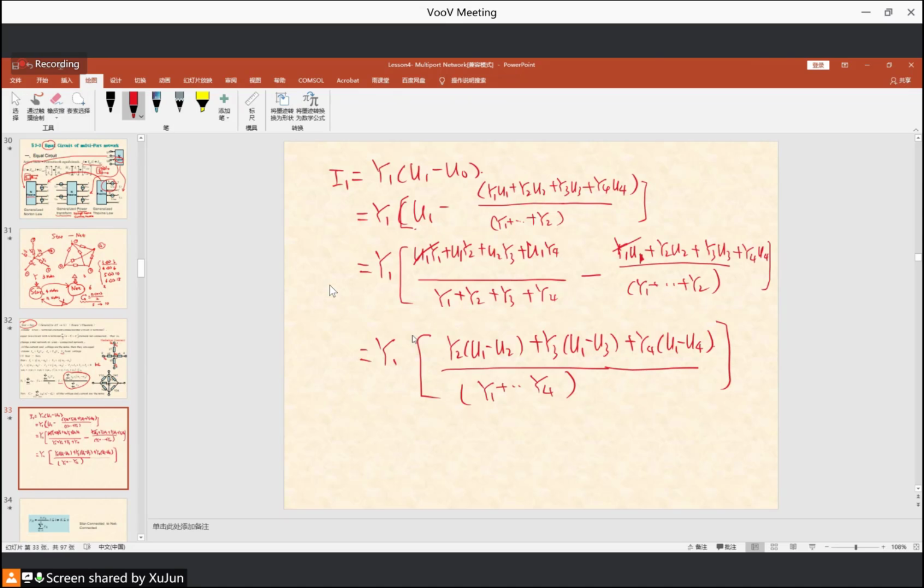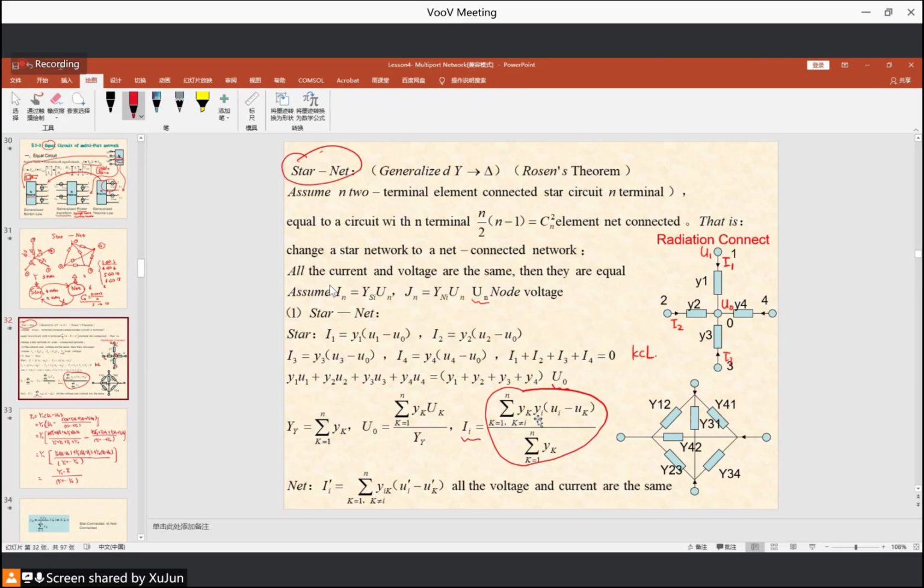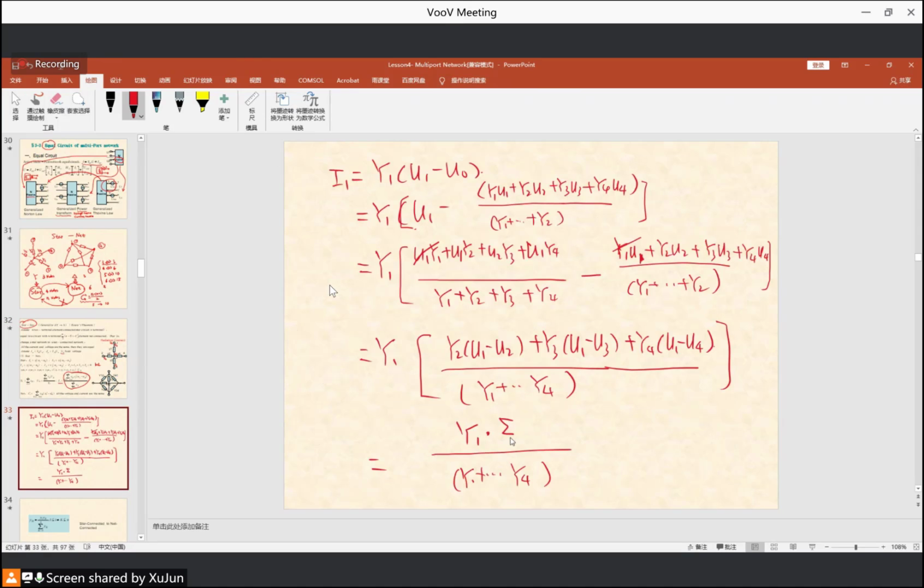So it will be Y1 over the sum of Yk, with k from 2 to 4, Yk times U1 minus Uk, and we can pull Y1 inside.